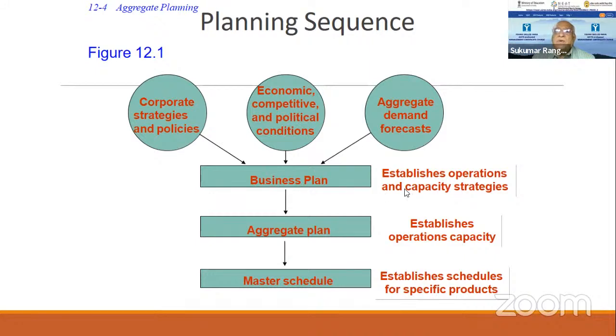So the business plan usually comes from corporate strategies, economic conditions, the competition, what are the markets which are there, what are the political conditions. Like today, the COVID problem. COVID is not only a problem for somebody, but is also an opportunity for somebody else.